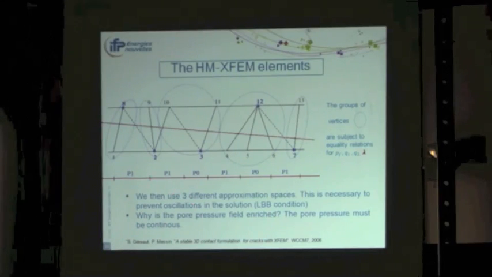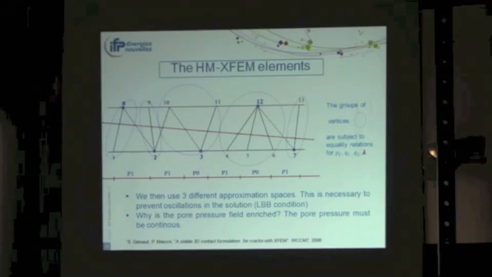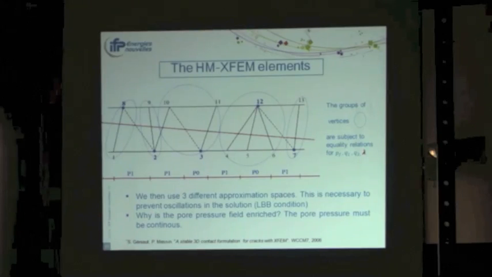So this allows us to have a total of 3 different approximation spaces. So one quadratic, one linear, and one which is P1, P0. But these 3 approximation spaces are necessary to avoid oscillation in the solution, so to satisfy the LBB condition.